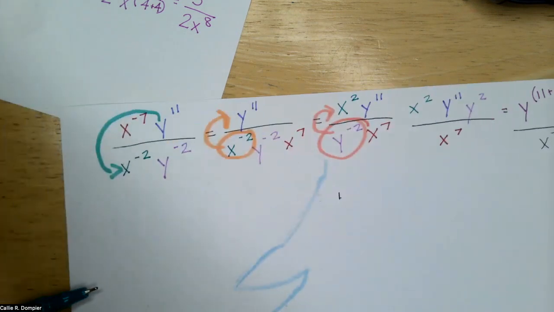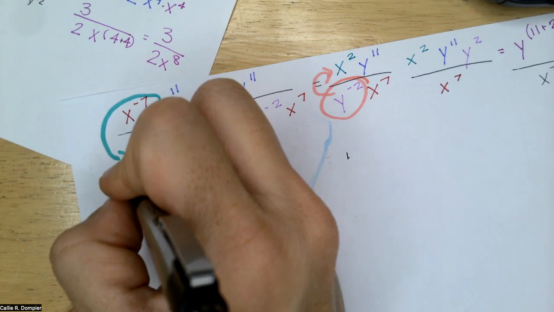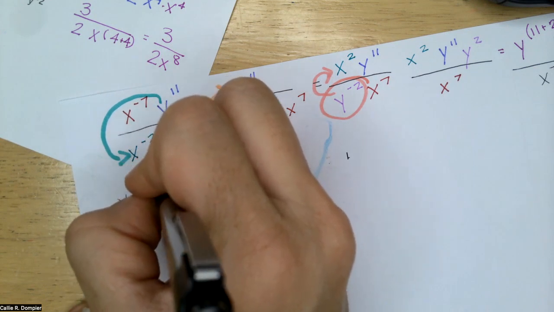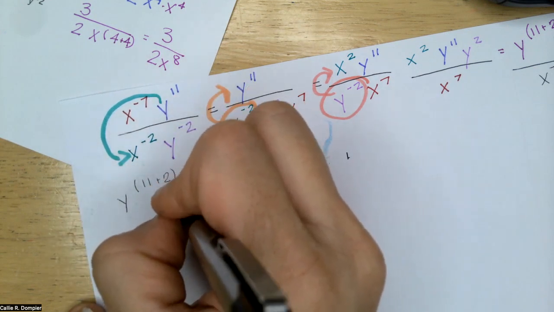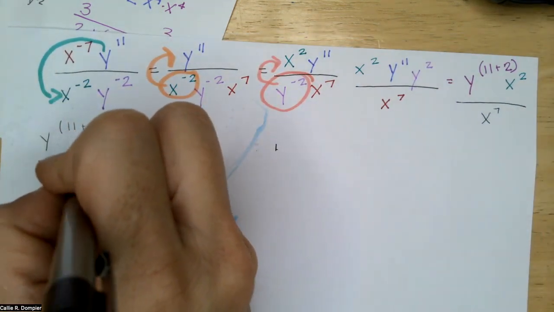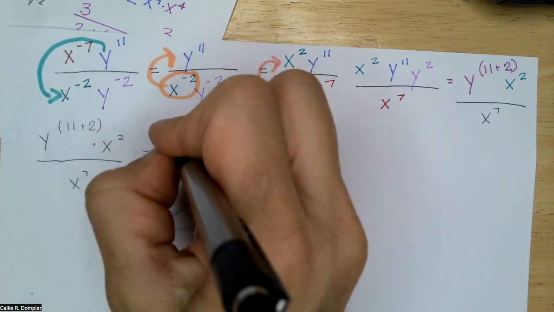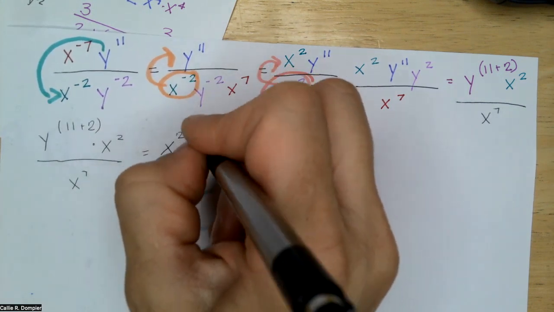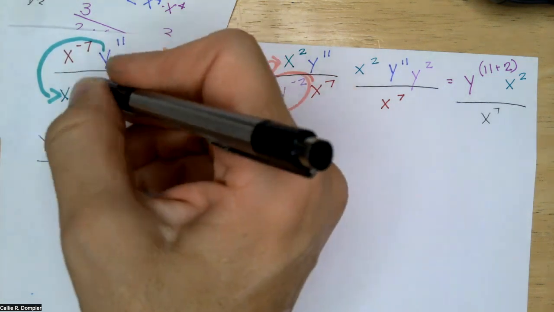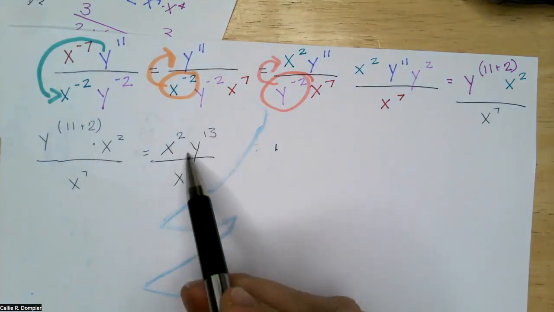Move it down here. So we said that that was y to the power of 11 plus 2 times x squared over x to the 7th. 11 and 2 is 13. So I'm going to say x squared y to the 13th, because I'm supposed to try and keep it in that order, divided by x to the 7th. Our y's are taken care of.